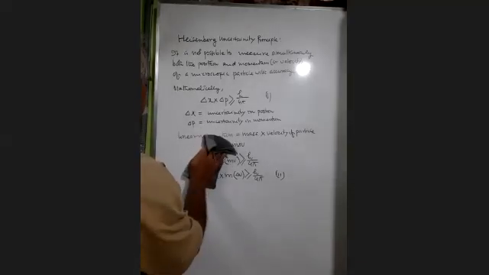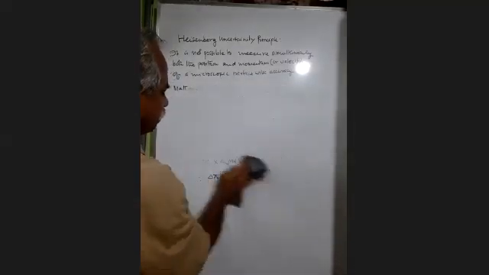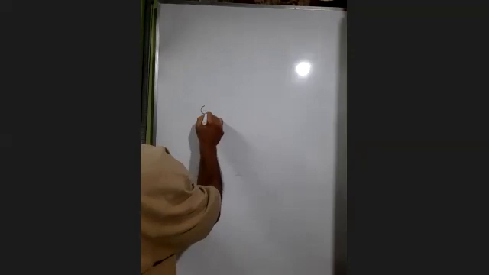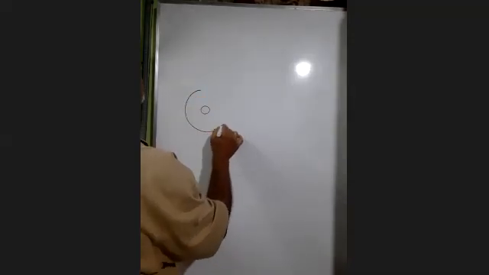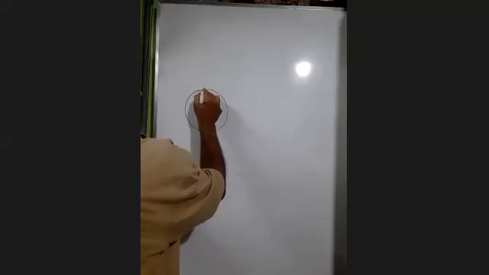Now, what is the relationship between the Heisenberg uncertainty principle and the structure of atom? We have to think why we should discuss it. With my little knowledge, I want to tell you, we have mentioned that this is a nucleus and this is the electron.